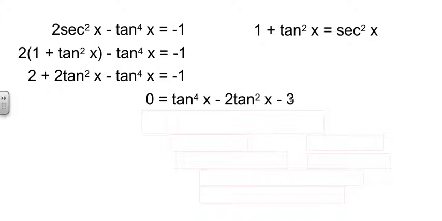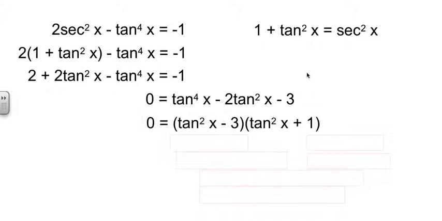So we need factors of 3 that subtract to make 2. Well, that's 3 and 1. Since it was tangent to the fourth, I need tan squared and tan squared. Well, I'm going to split these into two problems. Tangent squared equals 3, or tangent squared equals -1.